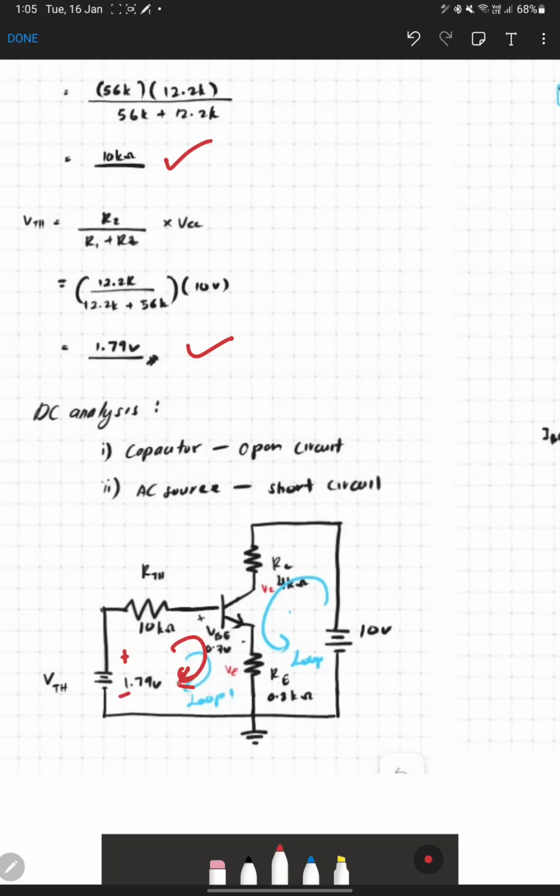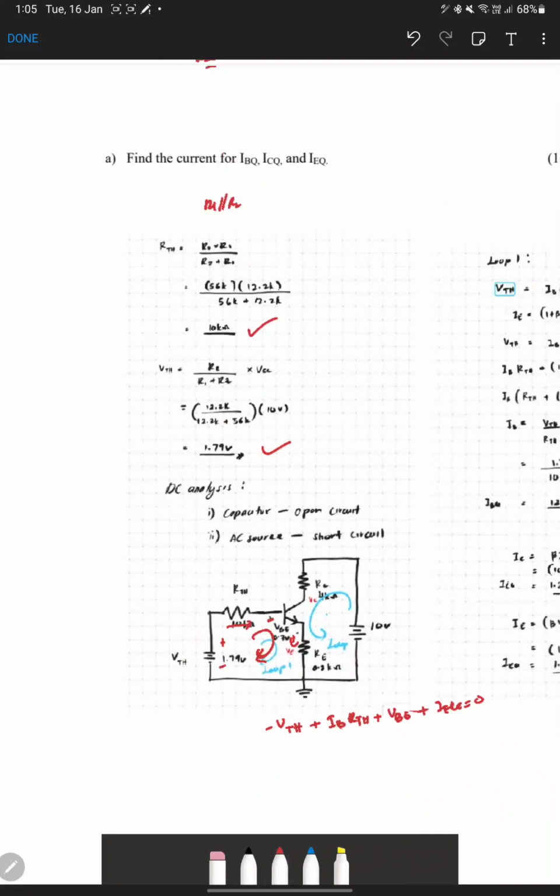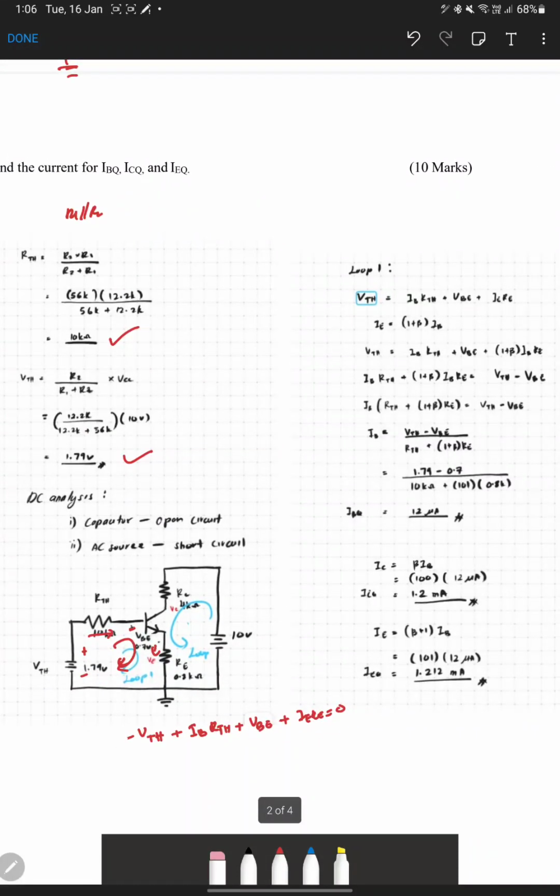The first loop says, meeting the source first, minus VTH, plus IB RTH, and meeting a positive sign first, plus VBE, and then plus IE RE, equals 0.